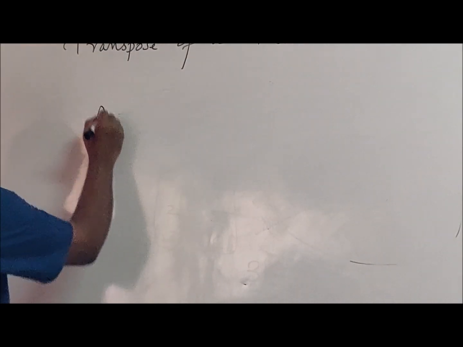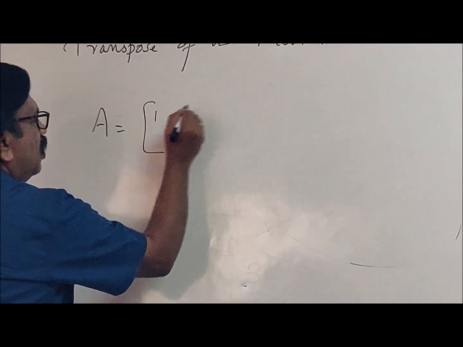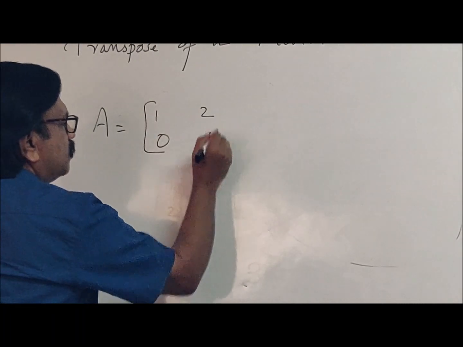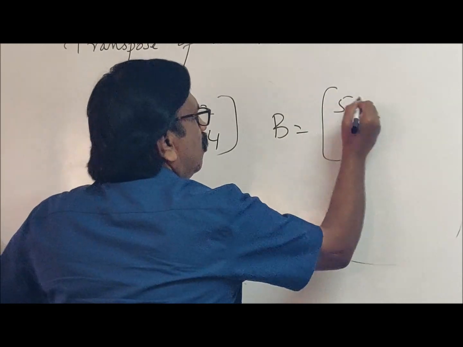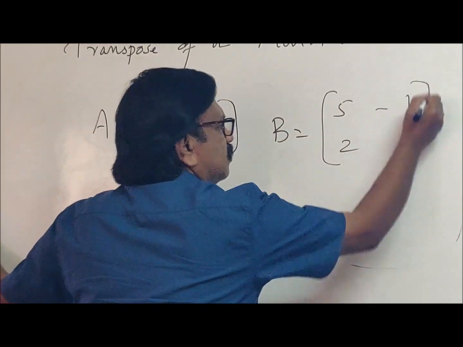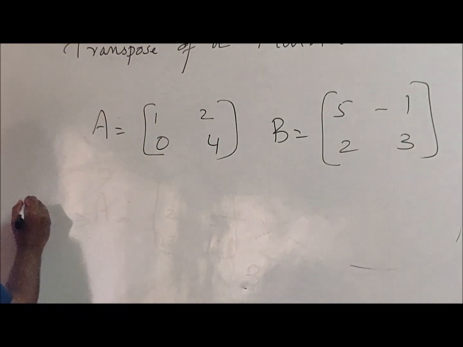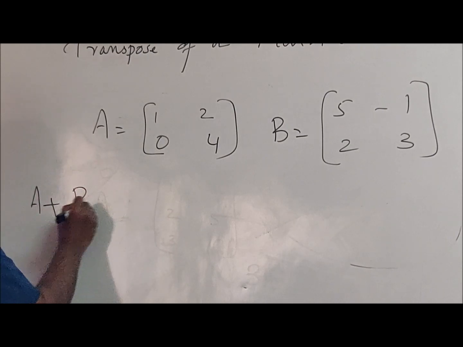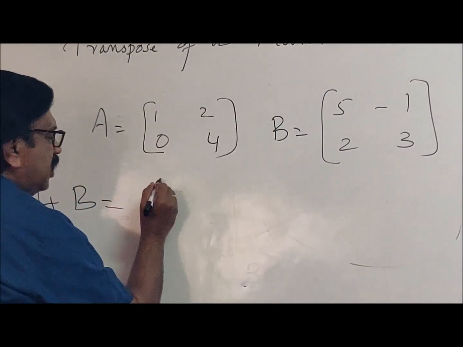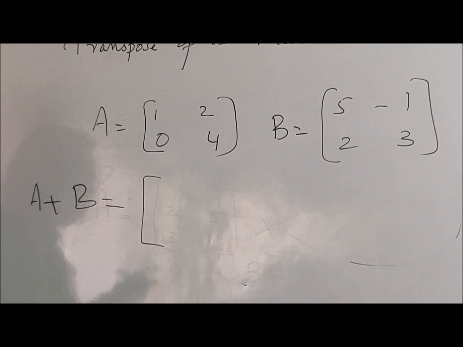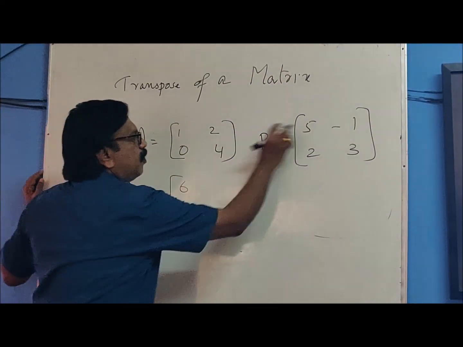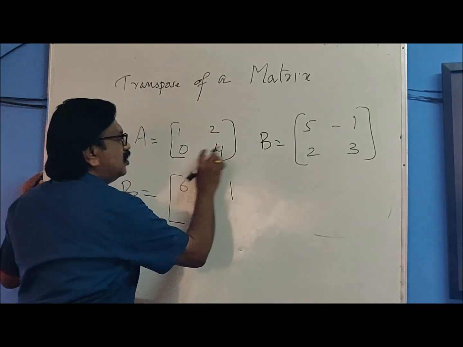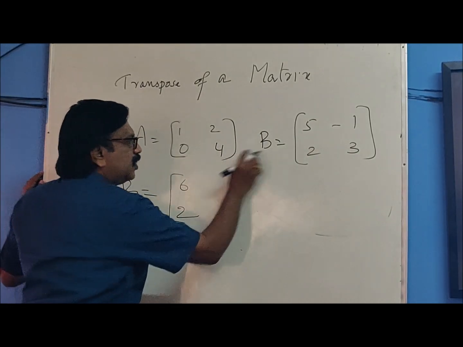Suppose A is the matrix 1, 2, 0, 4, and B is the matrix 5, minus 1, 2, 3. Then what is A plus B? A plus B is obtained by adding the corresponding elements: 6, then 2 plus minus 1, that is 1, 0 plus 2, 2, 4 plus 3, 7.